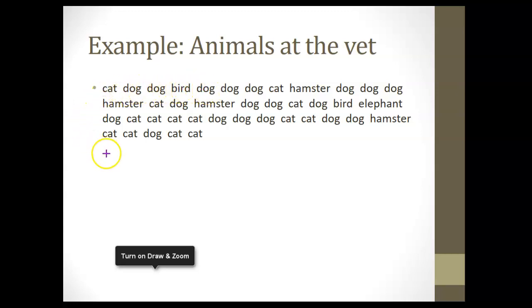One is a cat. So the first thing on the list is a cat. I'm going to write that down here and make a tally mark there. Then the next animal, the second animal on the list, is a dog.